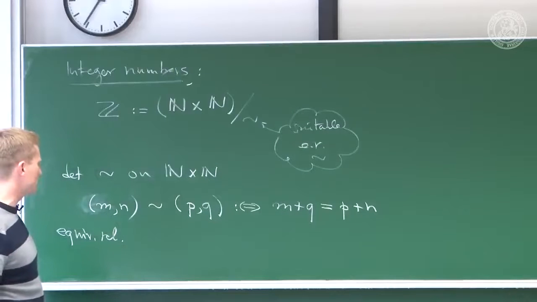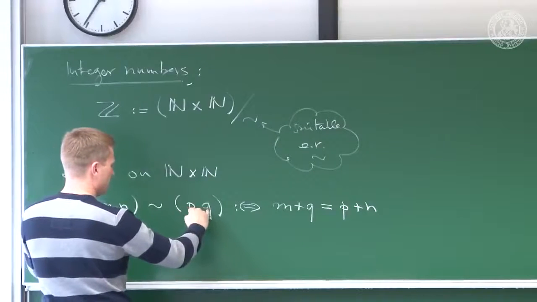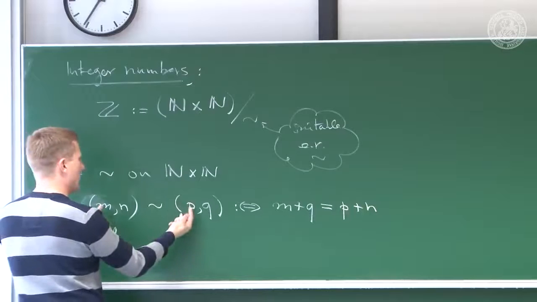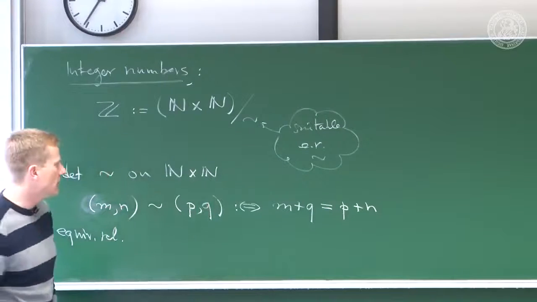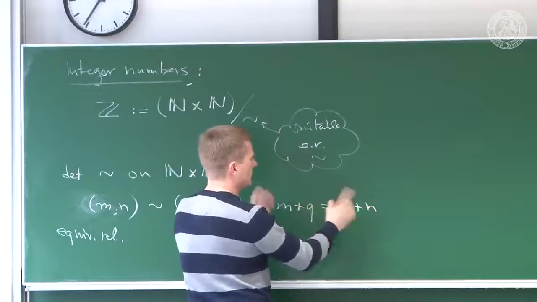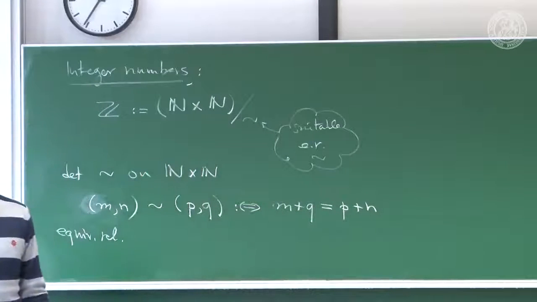So what about symmetry? If (m, n) is equivalent to (p, q), then (p, q) is equivalent to (m, n), where you have to swap m and p, and at the same time you've got to swap n and q. Then it's just the sides of this equation that are swapped, which is obviously still the same equation.